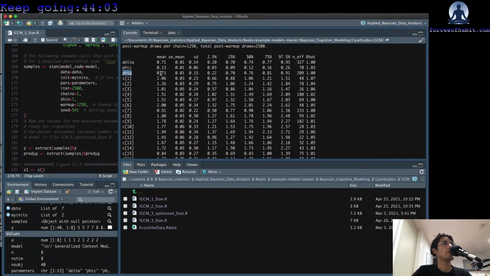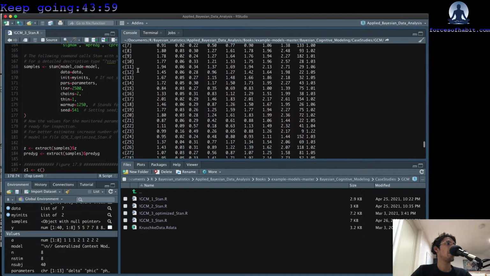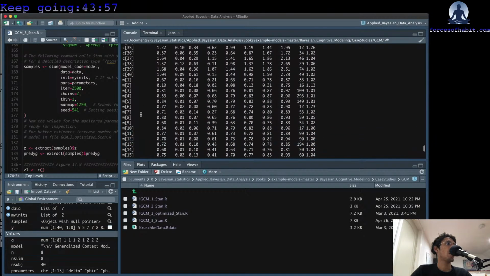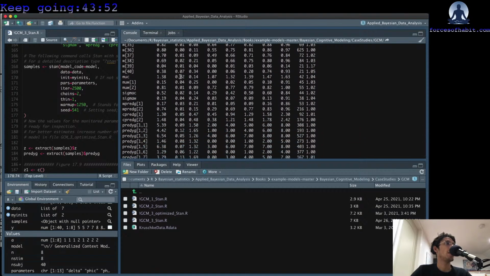Baseline. This is the generalization parameters for each of the subjects. Here then is the weightings for each of the subjects. Here is the average generalization. Here is the average weighting for each of the two groups, group 2 and group 1.